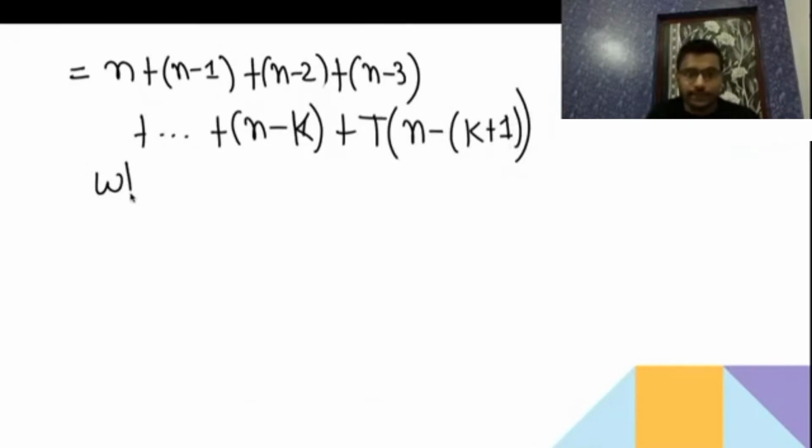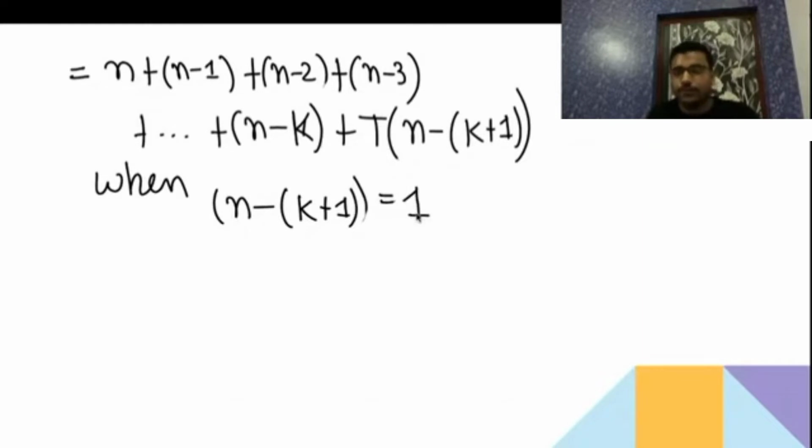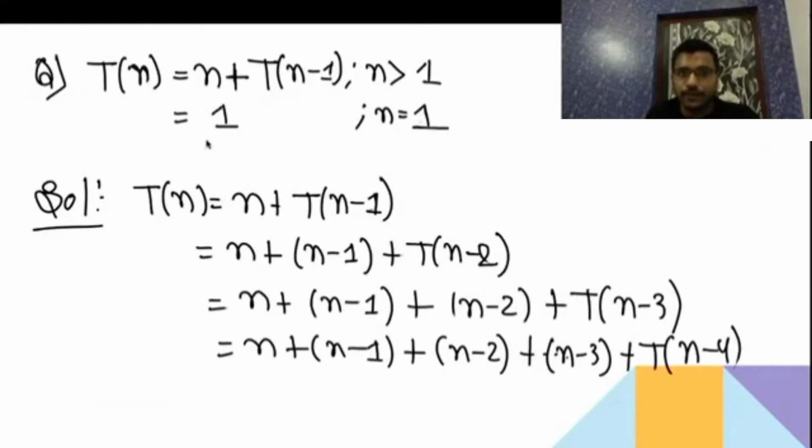So when n minus k plus 1 is equal to 1, we have to substitute this. We make T(n) size equal to 1, so that we can get a constant as 1.